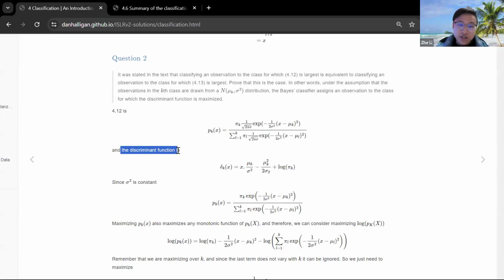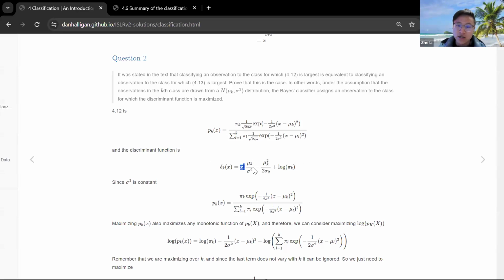The discriminant function is where the probabilities of classifying into class 1 and class 2 are equal.